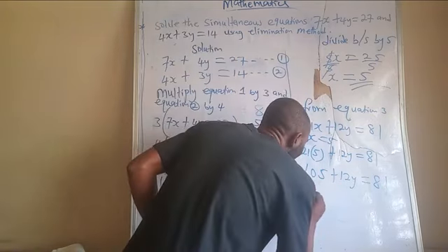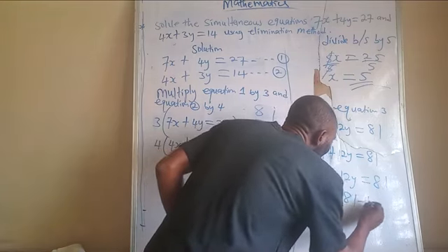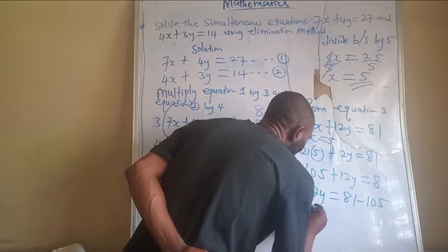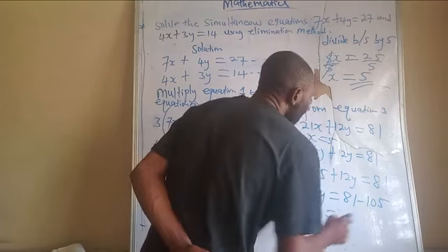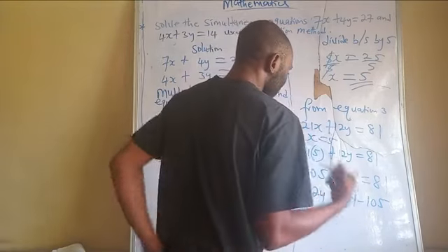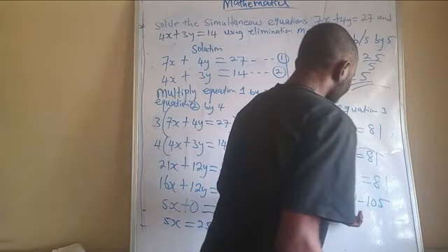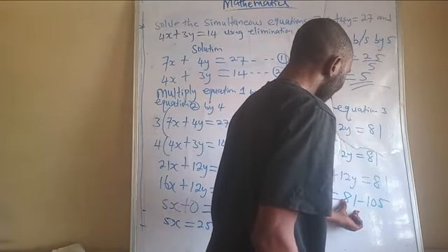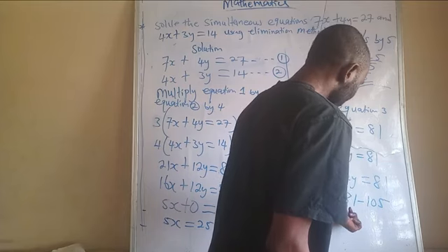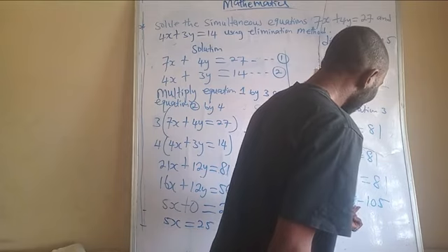So we now have 12y is equal to 81 minus 105. 12y is equal to 81 minus 105. That is, we get 105 minus 81, which is 24.